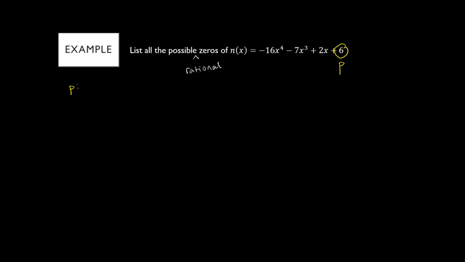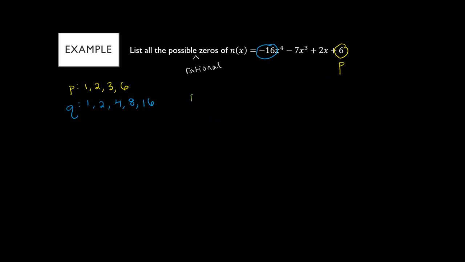All the numbers that divide into 6 are 1, 2, 3, and 6. Q comes from our leading coefficient here, and we could ignore the fact that it's negative and just look at the fact that it's 16. So we get 1, 2, 4, 8, and 16. Those are all the numbers that divide evenly into 16.